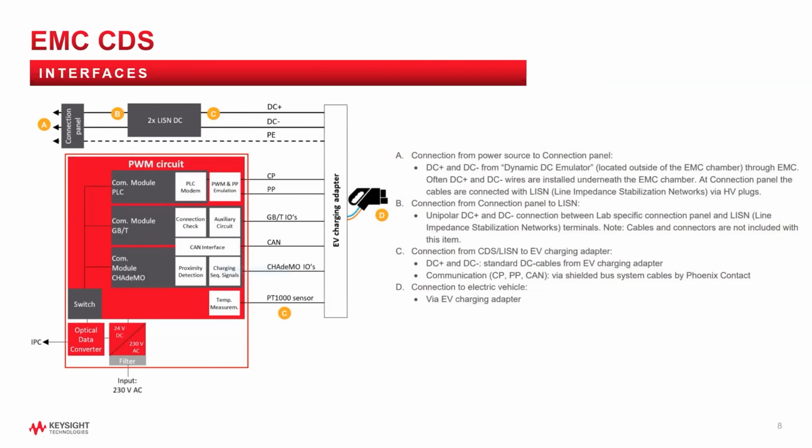The communications cables are routed in shielded bus cables from Phoenix Contact. And finally, of course, the EV charging adapter connects to the EV itself, and we're ready to test. That's just a quick overview on a schematic level of what it would look like in that environment.